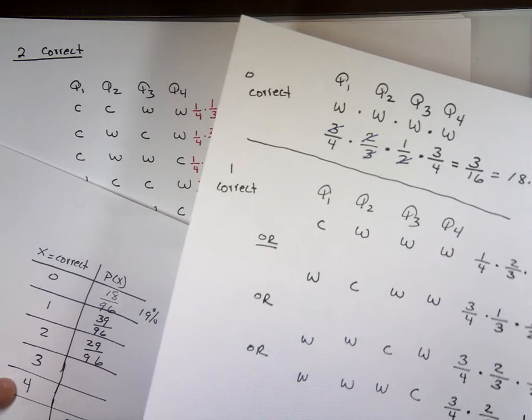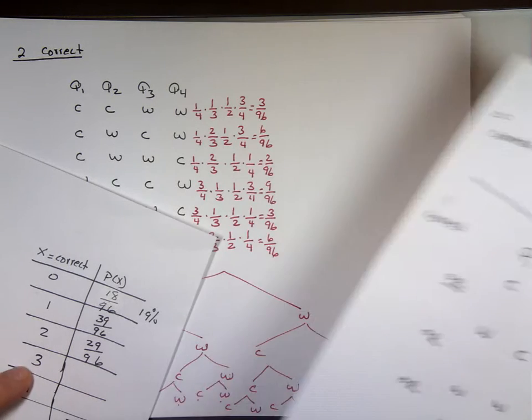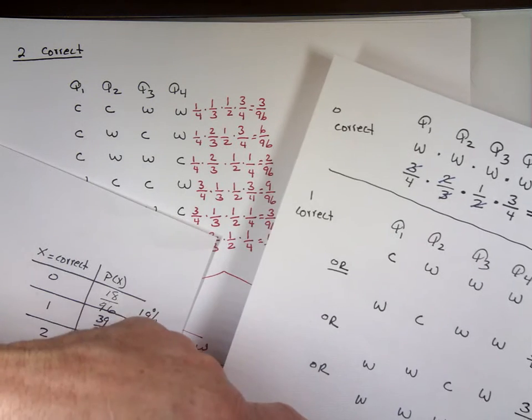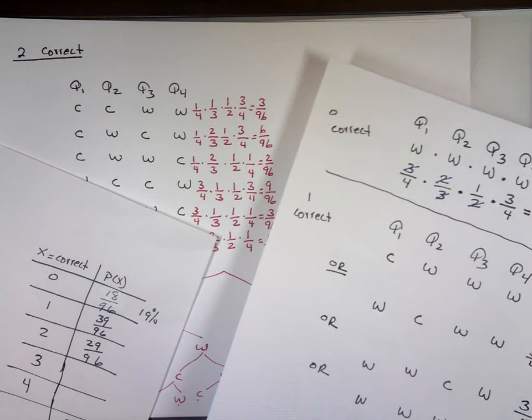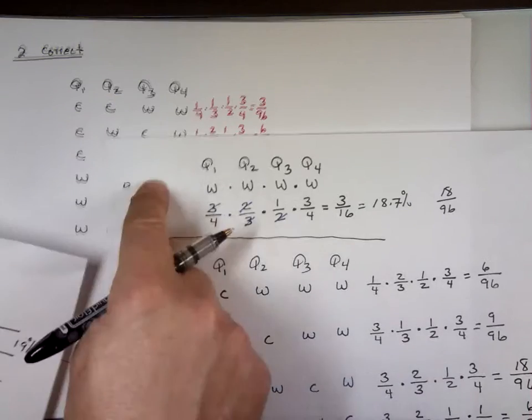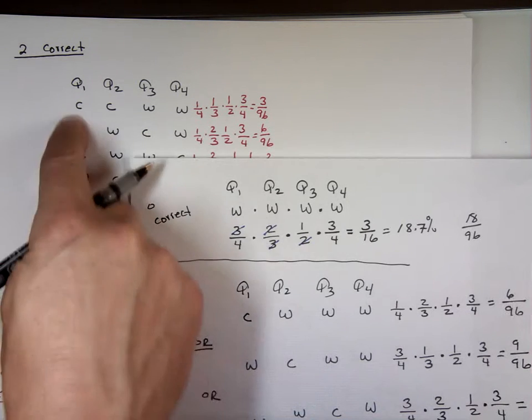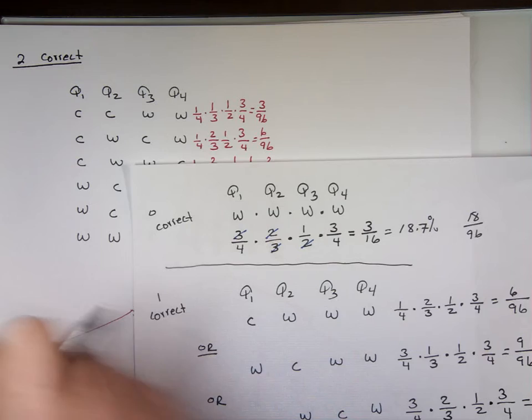There are 6 cases for 2 correct. When we go to 3 correct, it's going to be 4 more. And for 4 correct, it's going to be only 1 case. So so far this is 1 plus 4, that's 5, plus 6 of them, we're up to 11.